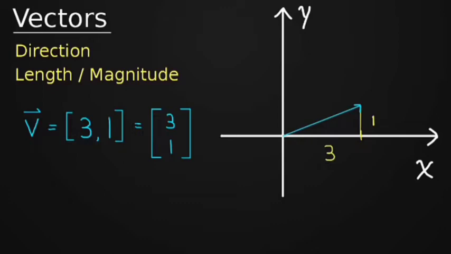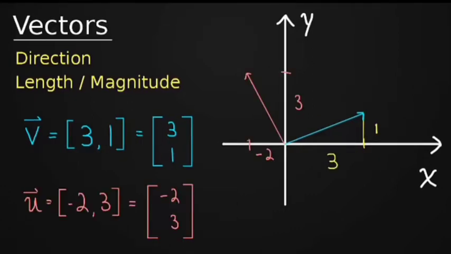Vector v has the component 3 and 1, which means that x is equal to 3 and y is equal to 1. 3 is along the horizontal component and 1 is along the vertical component, where they both form vector v. Vector u has a component -2 and 3 in row or in column. Vector u starts from origin and it is drawn in the negative side of x and is between north and west.